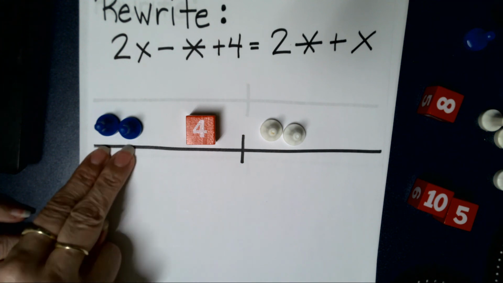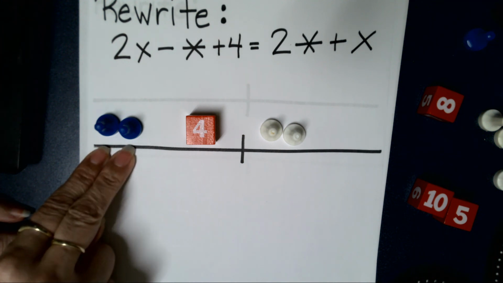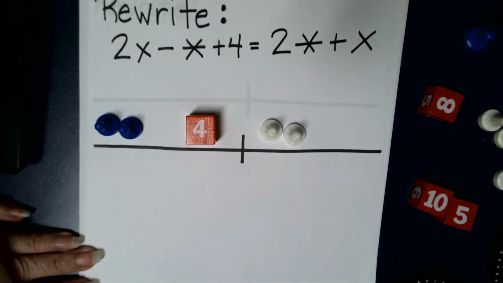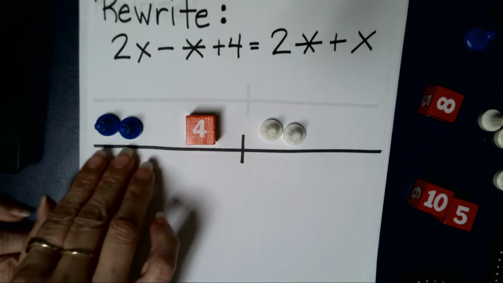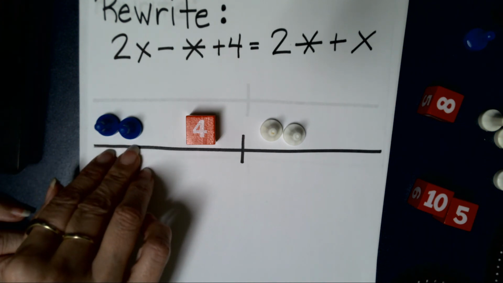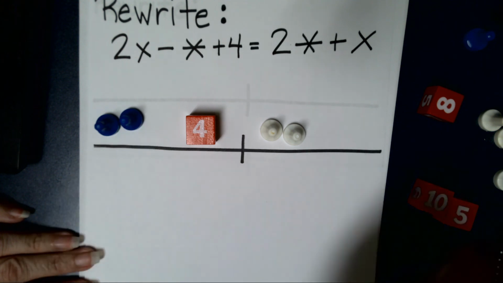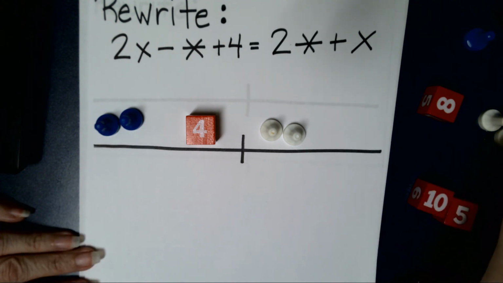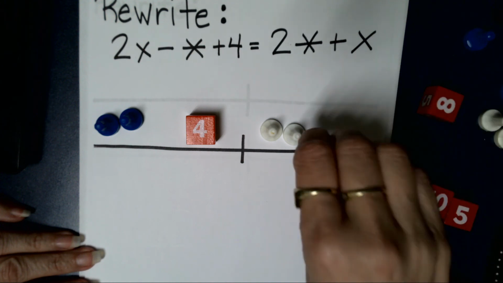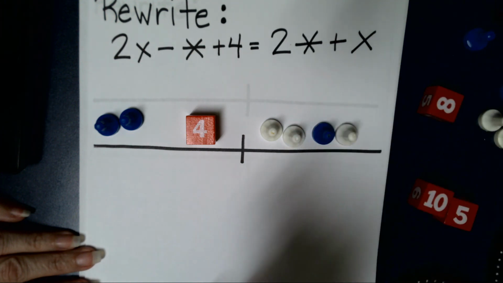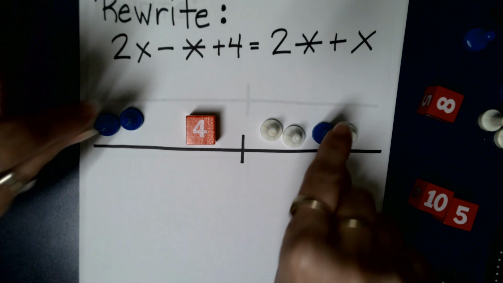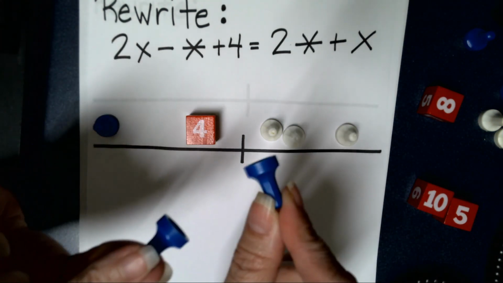And now I have 2 pawns on the left, but I have stars on the right. So I need to figure out a way to get rid of these pawns here. Like I said, I like doing 0 pairs. So I'm going to add a 0 pair on this right-hand side, and that will allow me to now take off a pair of pawns.